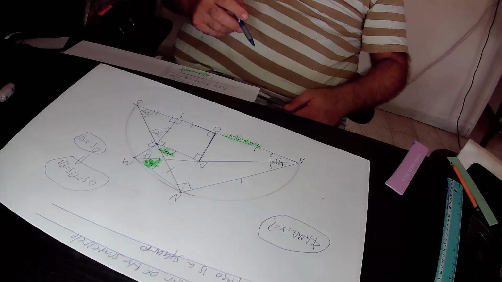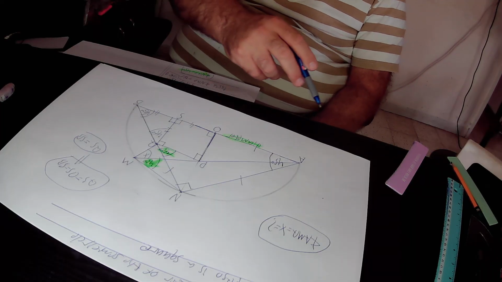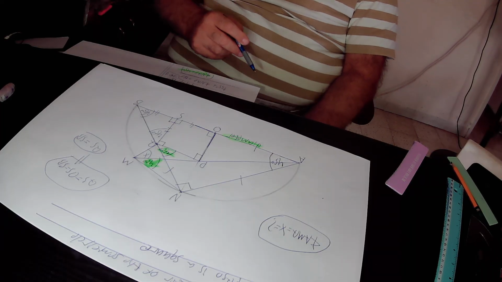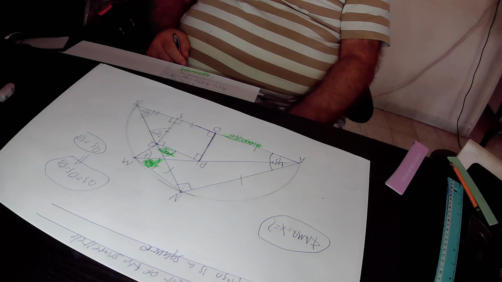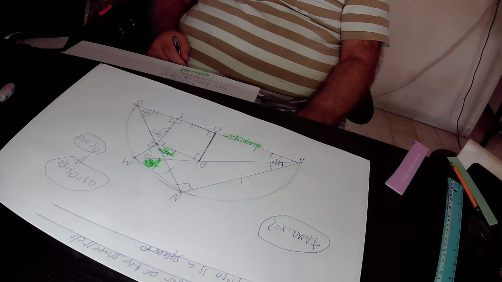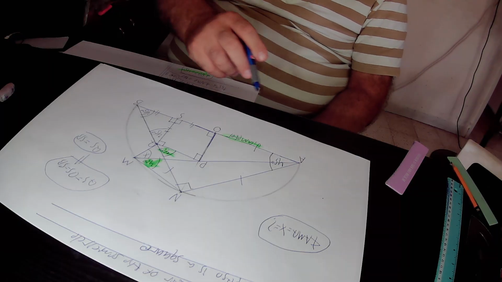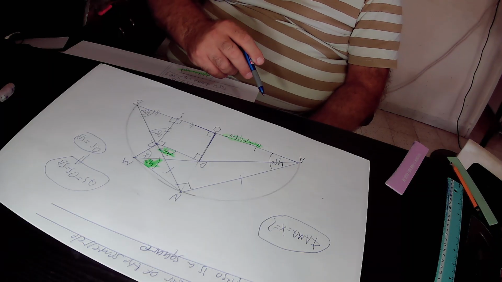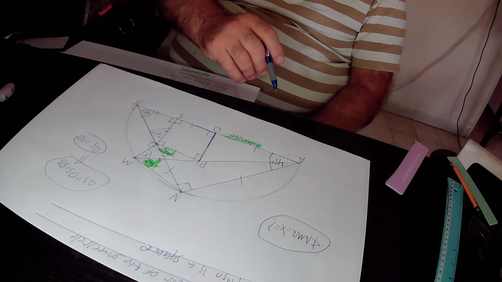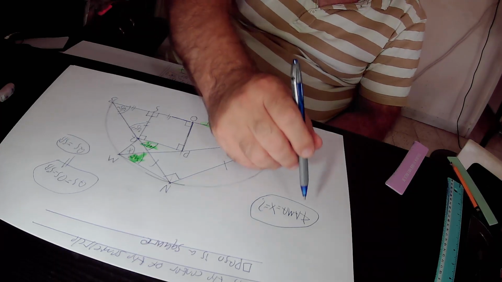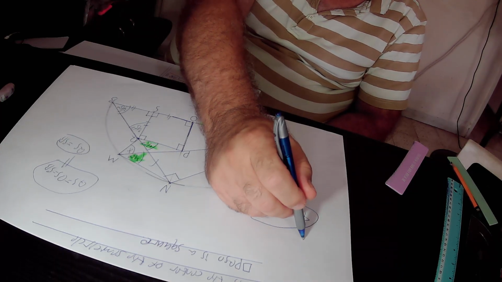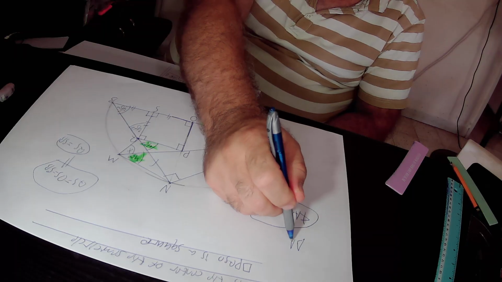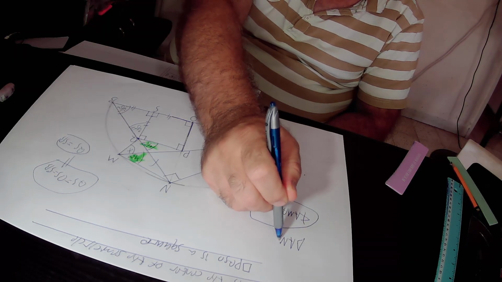Because in triangle ANB, side AN equals side NB, it means that triangle ANB is also an isosceles triangle. So triangle ANB is a right triangle and also an isosceles triangle.